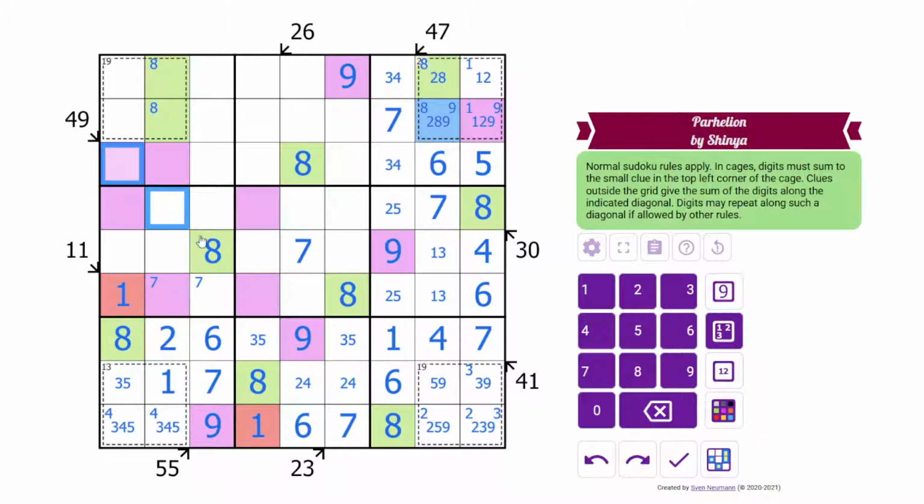Still doesn't aid on this diagonal, though. These values aren't at all being touched by any of the diagonals, so they don't actually get me very much.